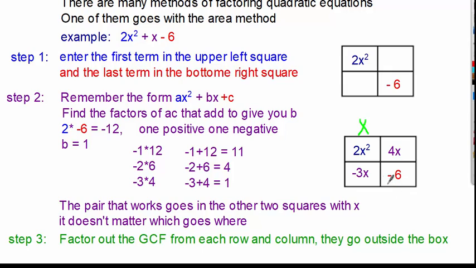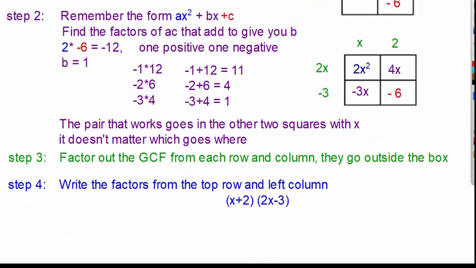Here, what I have in common, well, 2 goes into both of these, so I'm going to put a 2 here. Completely separate, I'm going to go by row, and in this particular row, I can factor out a 2 and factor out an x. And in this one, because they're both negatives, I'm going to factor out a negative. And both of these are divisible by 3, so there are my greatest common factors.